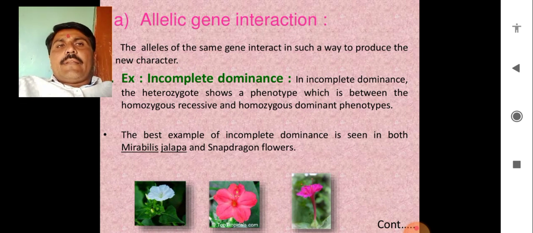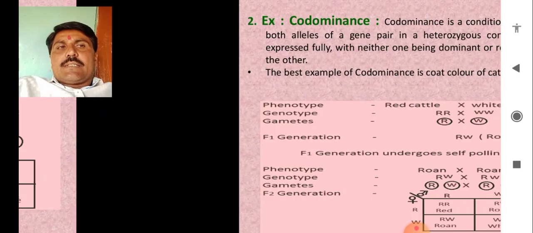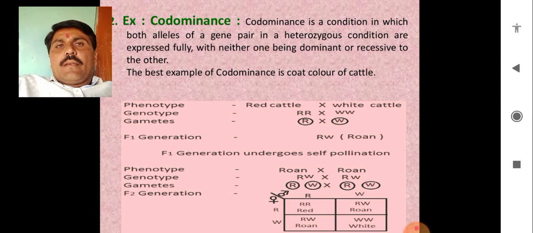Well, in allelic gene interaction, we learned the incomplete dominance example of Mirabilis jalapa, and in that, incomplete dominance and codominance.